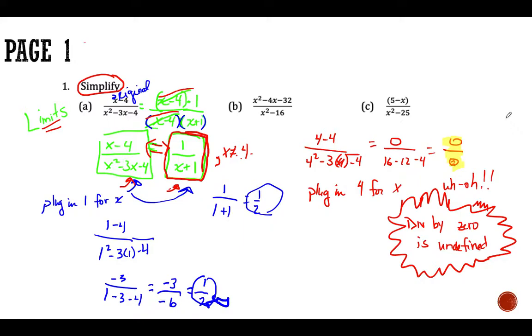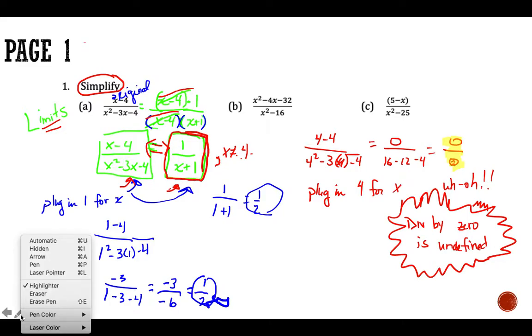It's going to become important later that you recognize when a fraction is 0 over 0 or any other number over 0. Okay, that's just a little foreshadowing. You don't have to worry about that right now. I'm finally done with the first problem. Let's go on to number 2.